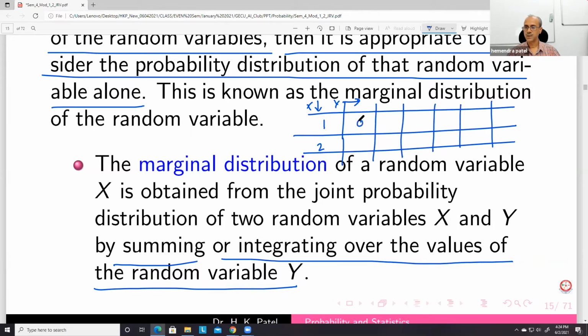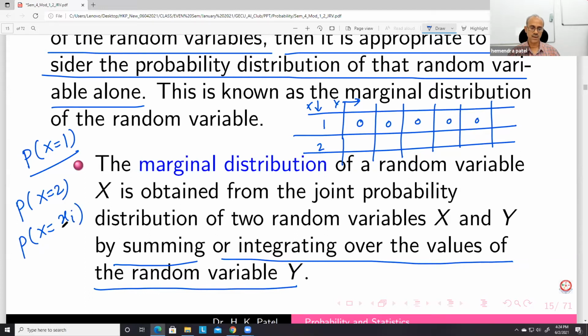Okay, these values. If you want to find P(X=1), or P(X=2), in general P(X=xi) in the case of discrete, and in the case of continuous it will be X=x.